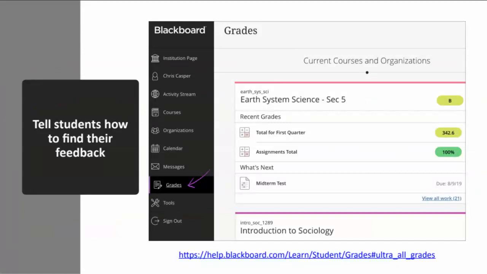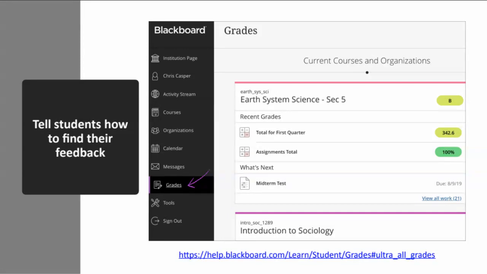And then you can show them how to find their grades quickly. When they first log into Blackboard, before they even log into a course, you see that menu under where it says Blackboard at the top, and then it says institution page, and then it has all those different areas where you can click.